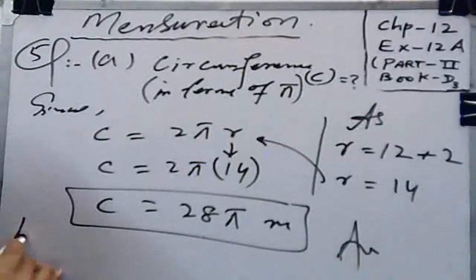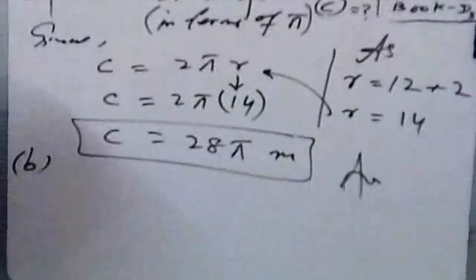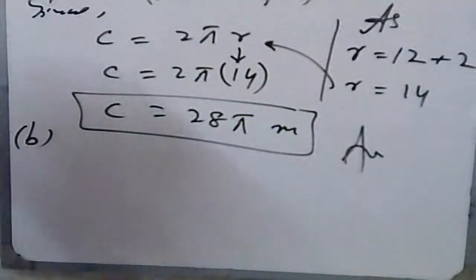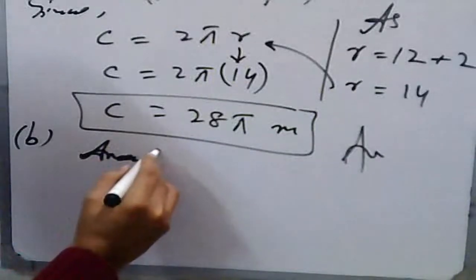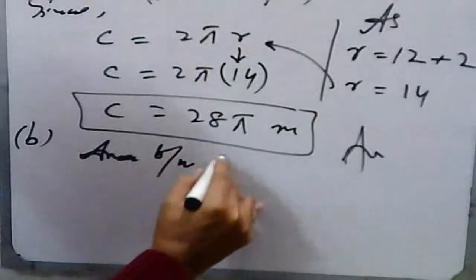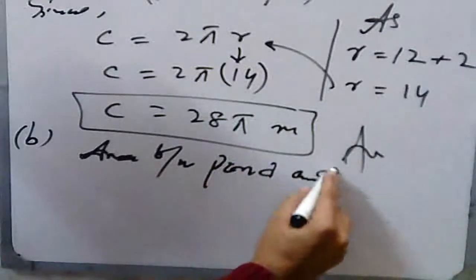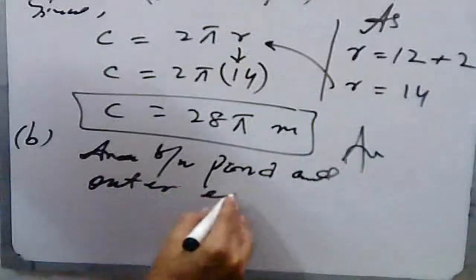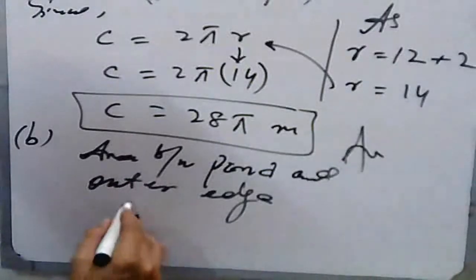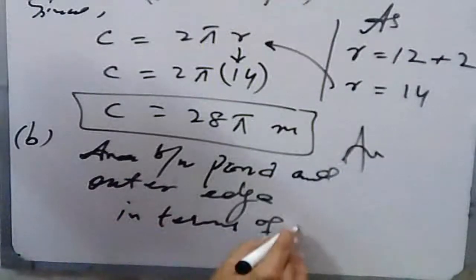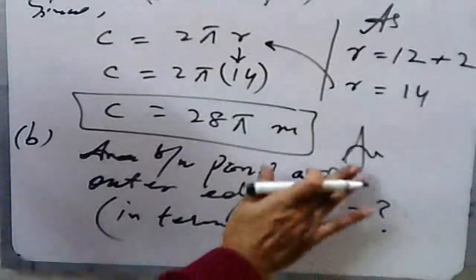Now in B portion, we have to find the area of the land between the pond and the outer edge of the grass. So in terms of pi, it means we have to find this one.